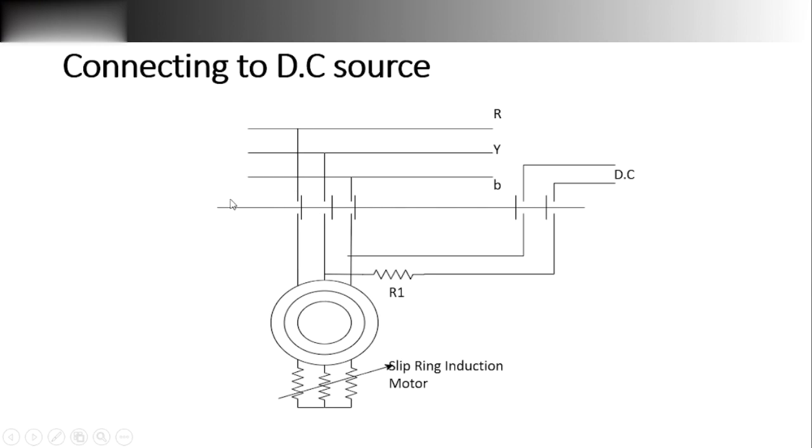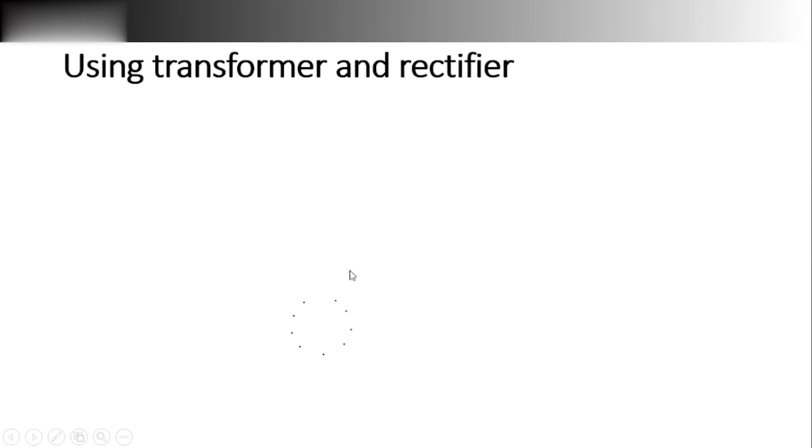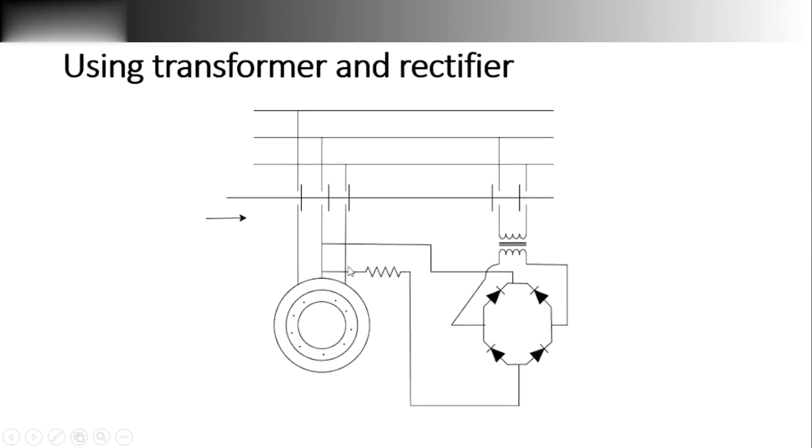When braking is required, we simply push this towards the right, and then this gets open circuited, the supply from the source gets disconnected, and the DC source gets connected. So the source will be the DC.